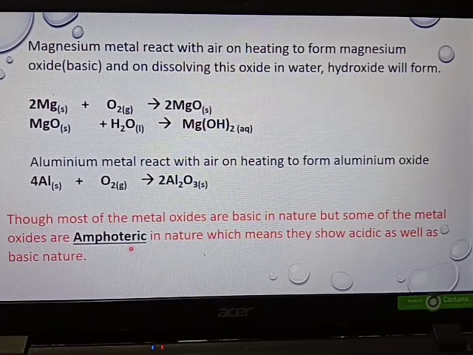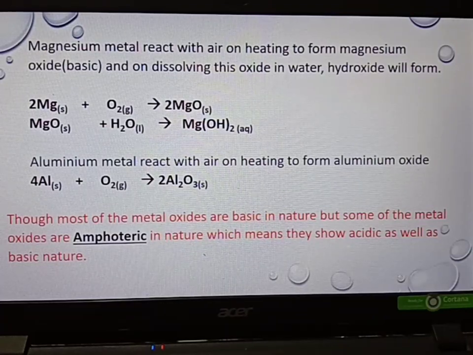In exams, a question generally comes: what do you mean by amphoteric nature of metal oxide? Give two examples. So two amphoteric metal oxides are, number one, aluminium oxide, and number two, zinc oxide.